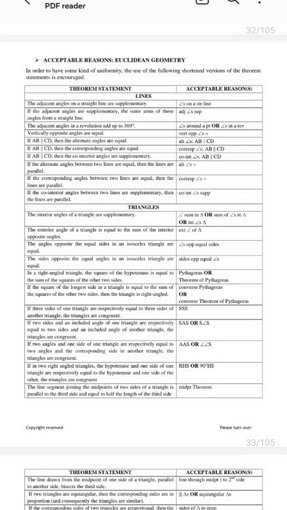All right, sorry about that, guys. So we are now looking at the theorem statement that says the exterior angle of a triangle is equal to the sum of the interior opposite angles.